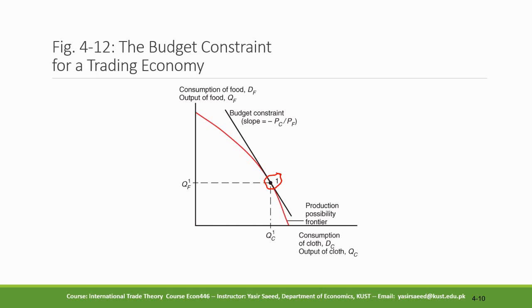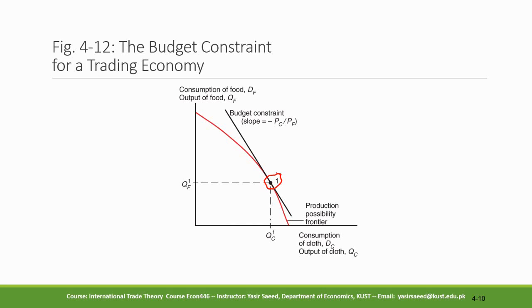And when we produce at this equilibrium, if we are not trading, we will be consuming at point 1. But if trade is allowed, then we can consume anywhere on this black line, the budget constraint. So this was the basic idea of the PC by PF.